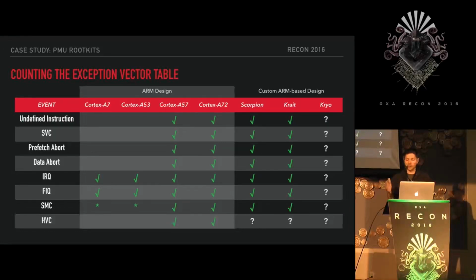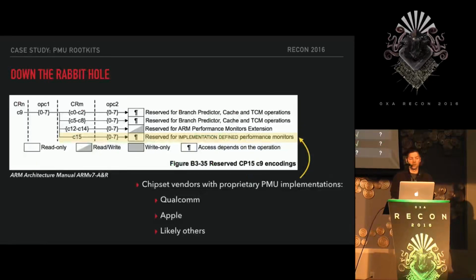On the right, I did most of my research on this Nexus 6 device, which is the Krait architecture, but these three custom-based ARM designs by Qualcomm also count. I just want to make the distinction that that's not unique to their custom design. This stems from the ARM manual and is included by default on some of ARM's cores.